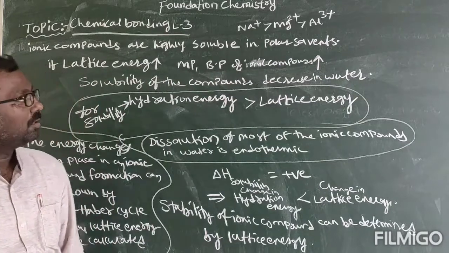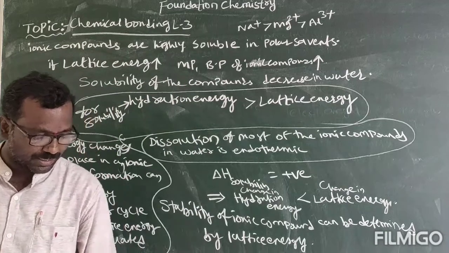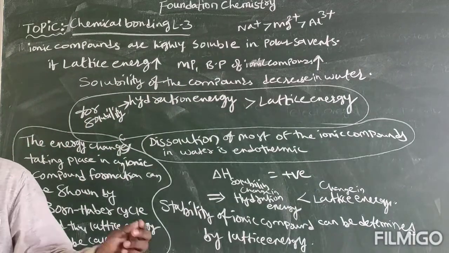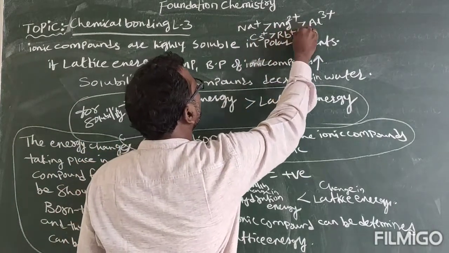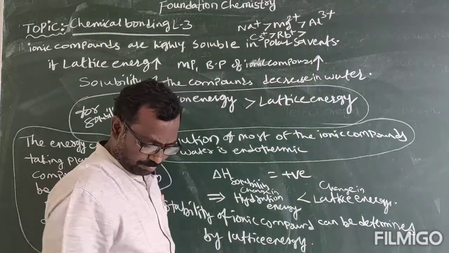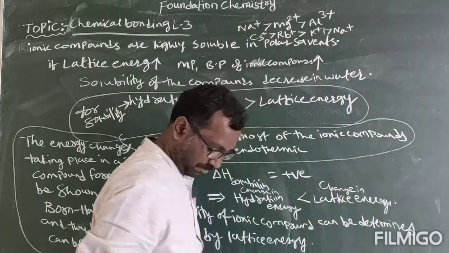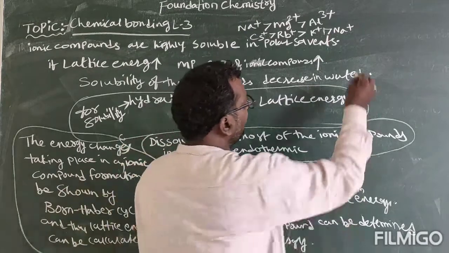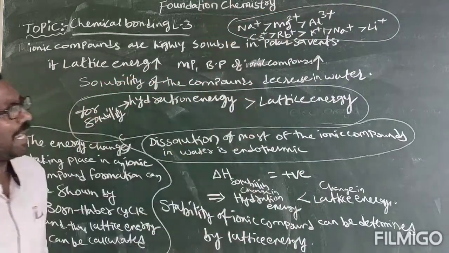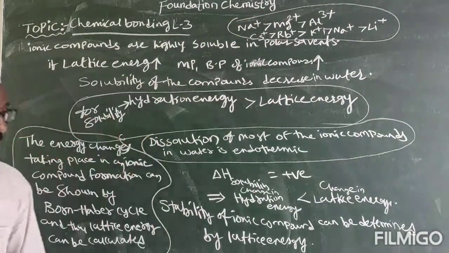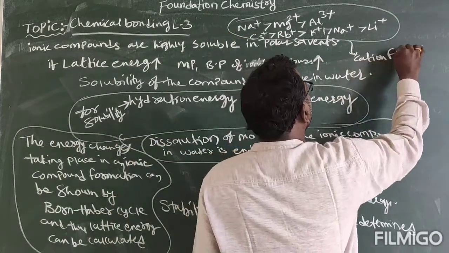Less ionization energy means greater tendency to form cations. Next, Cs+ is greater than Rb+ is greater than K+ is greater than Na+ is greater than Li+. I have written this order of cations. This is nothing but the cation formation tendency.